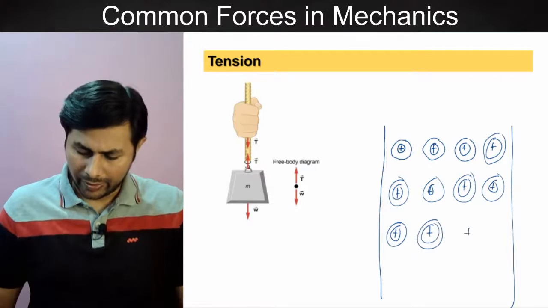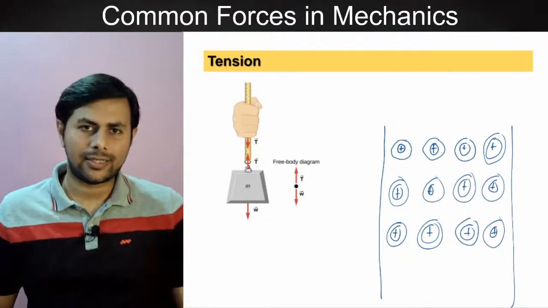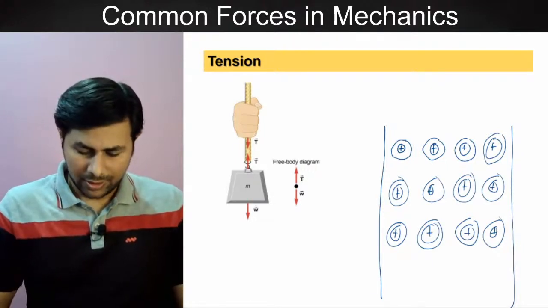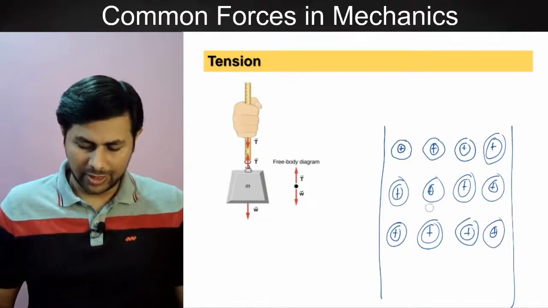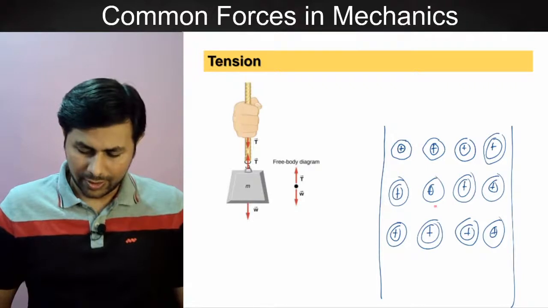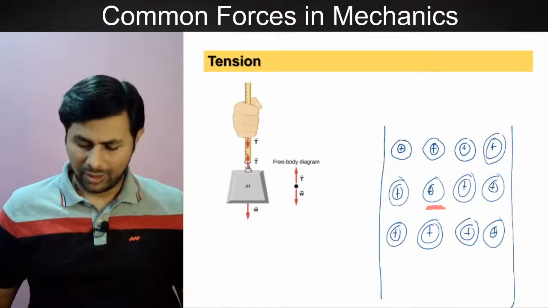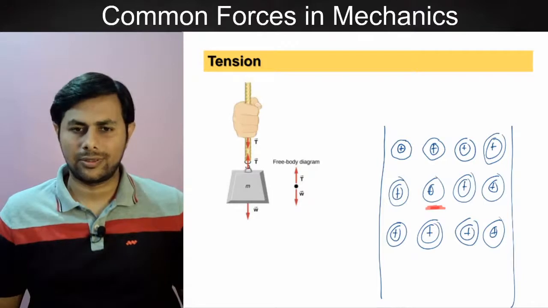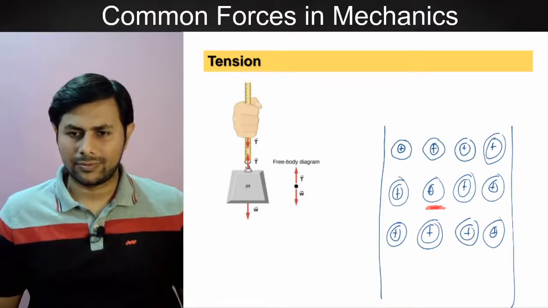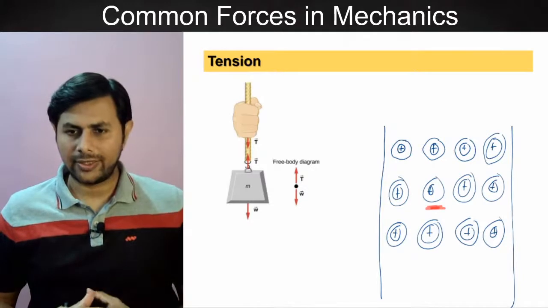We know that like charges repel each other and unlike charges attract each other. Now let's pick any molecule, this molecule over here. Under normal conditions, under equilibrium, how much will be the force acting on this molecule? Tension acts along ropes, threads.